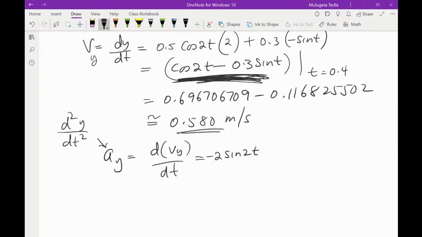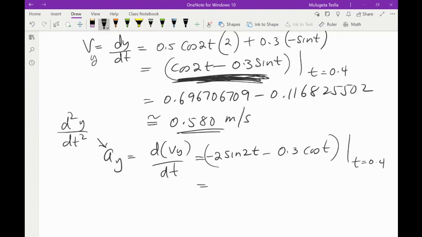The derivative of sine is cosine, so it's minus 0.3 cosine of t. To find the magnitude, I plug t equal to 0.4.